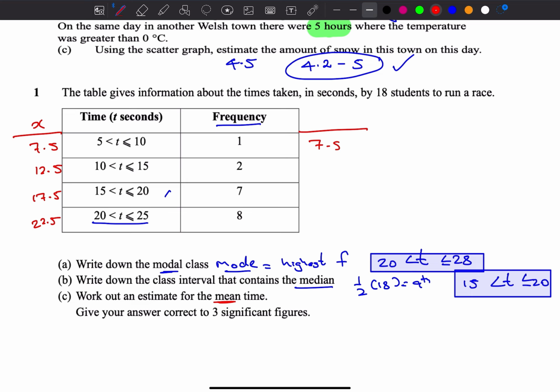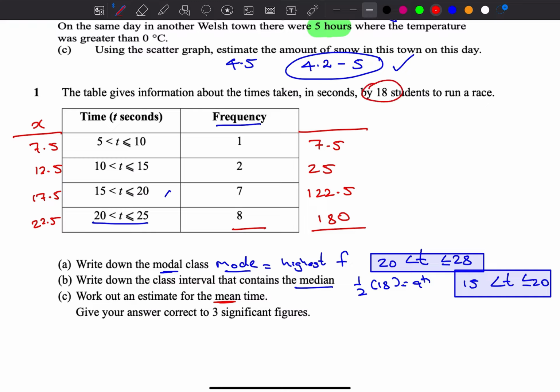That's 7.5 times 1 is 7.5, 12.5 times 2 is 25, 17.5 times 7 is 122.5, then 22.5 times 8, which is 180.